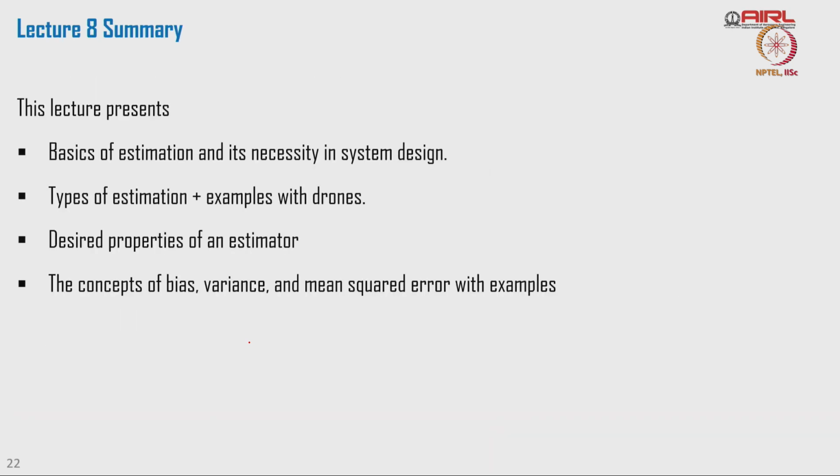In summary, this lecture gives you an overview of estimators: why estimators are needed, how they are useful to get the parameters of the system, and how one can use an estimator to get the continuously evolving state which is not measured. We gave different examples with respect to a multi-rotor system, which is a drone.